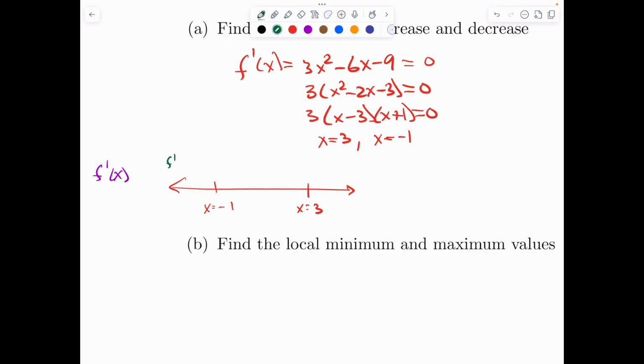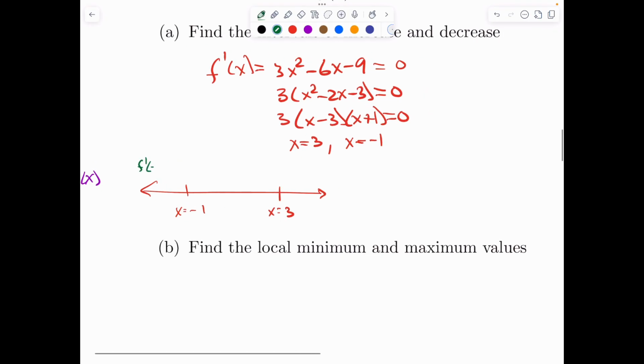Okay, so f prime of, say, let's pick a nice small number, -2, is equal to, I can plug this into the function up here. 3 times -5, -1. It looks like that's going to be 15. So that's positive.